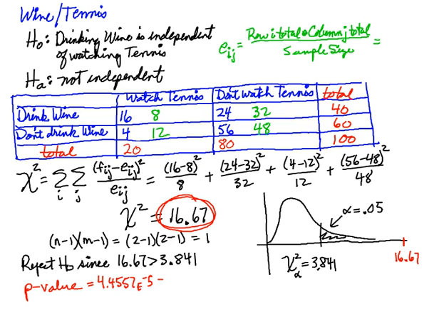That just simply means 4.4557 times 10 to the negative 5, which is 0.000044557. In other words, that is very small, which we would expect with such a large test statistic that we did get. So again, we conclude the same thing, reject H sub 0.